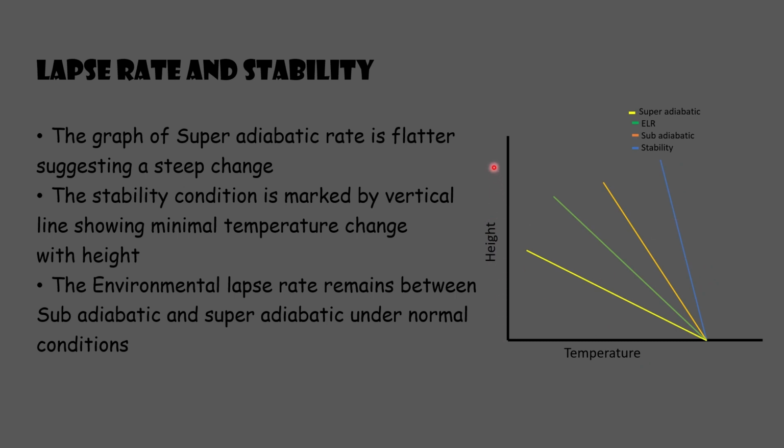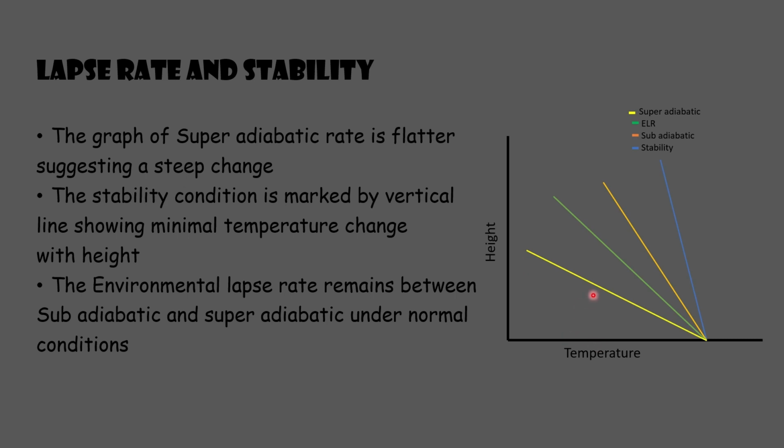With an increase in height, we see that the rate of change in temperature under super adiabatic lapse rate is relatively higher. Temperature falls very steeply on achieving only a little height. At lesser height also, we see a great fall in temperature. That is what super adiabatic lapse rate is: a rapid decline in temperature with increase in height.